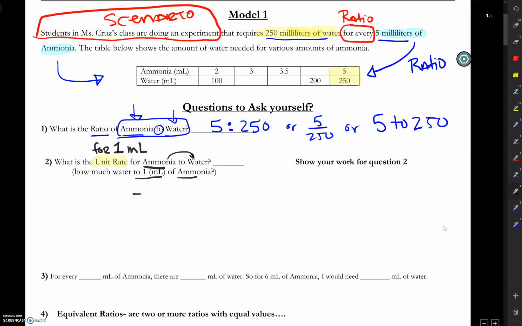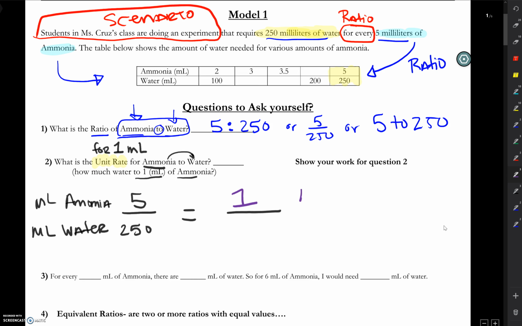So we know we have 5 milliliters of ammonia, and 250 milliliters of water. And I'm going to put my unit of measure here, ml, ml. We want to know for 1 milliliter of ammonia.